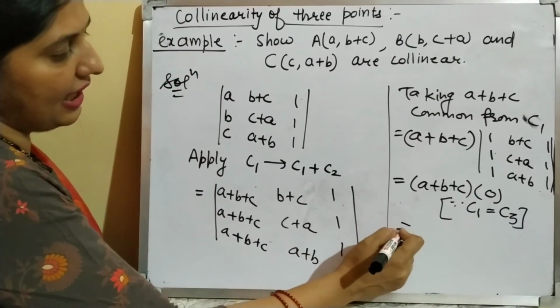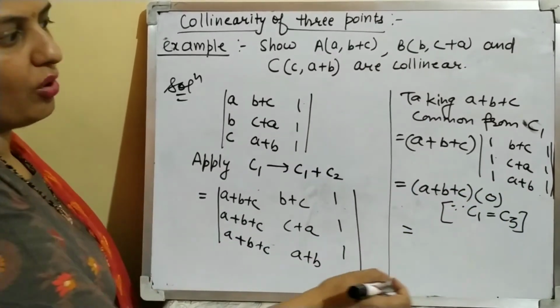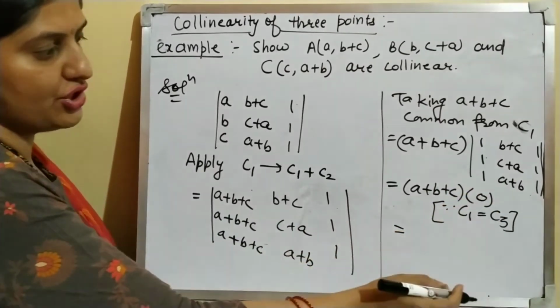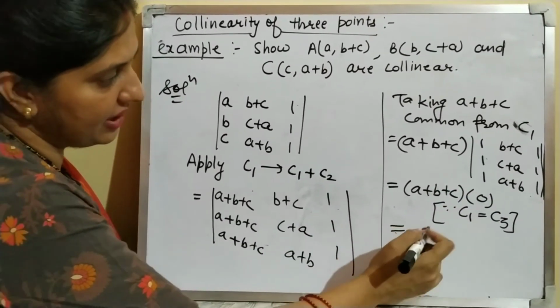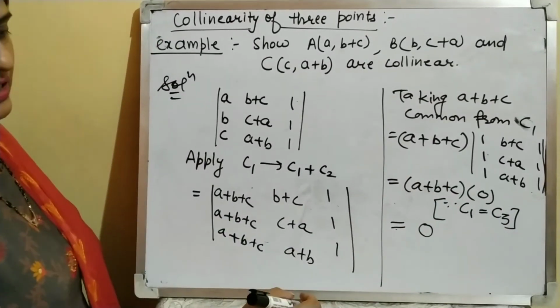And in any determinant, if any two rows or any two columns are the same, then the value will be 0. So we get A plus B plus C into 0 is equal to 0.